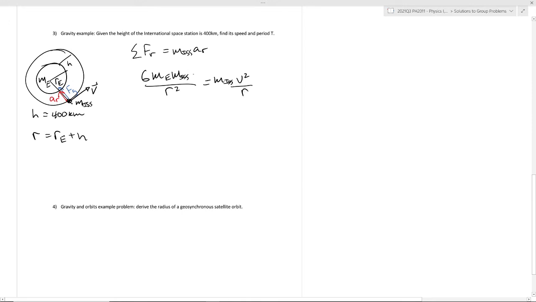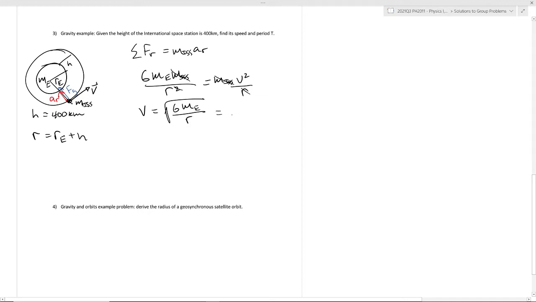And so notice a couple things are going to cancel out. This factor of mass of the space station cancels, so it doesn't matter the mass of the space station because it appears on both sides. And we'll also lose a factor of r that appears on both sides. And so we have something that says that the speed would be equal to the square root of big G, mass of the Earth, over r.